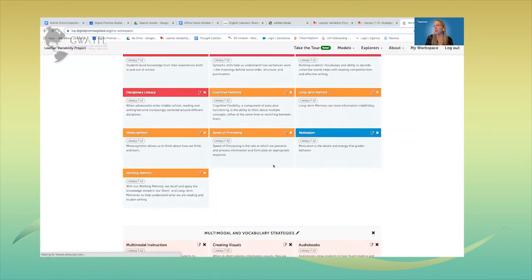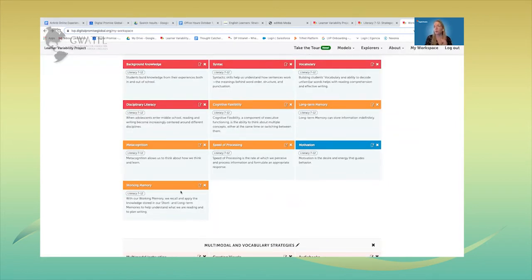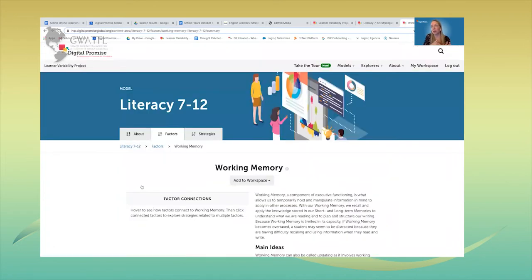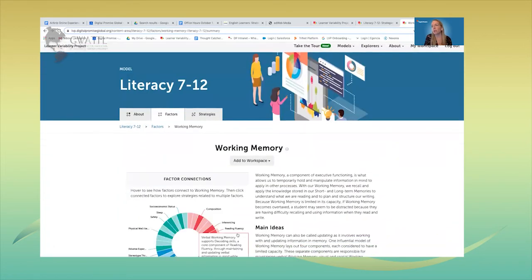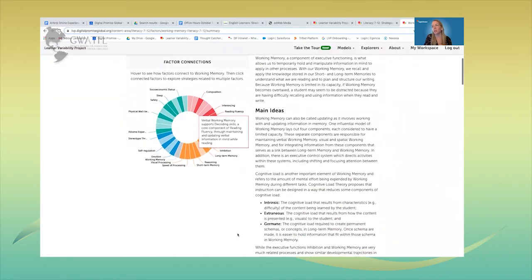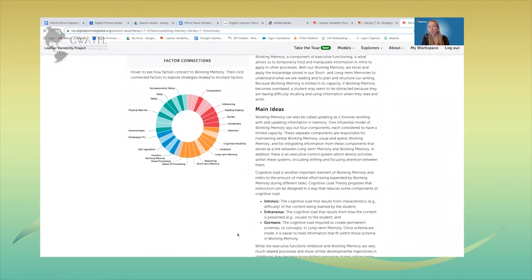And then also working memory. This is one where it can really be impacted, right? We want to transfer things from working memory to long-term memory, and understanding what some of the other factors are that can impact working memory can really help for students who may be struggling to commit things into long-term memory.